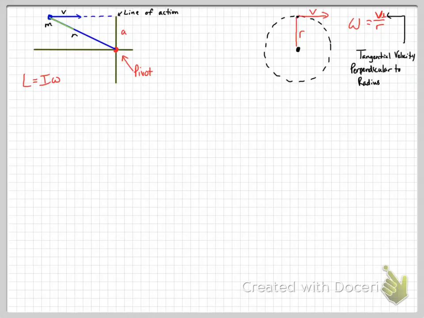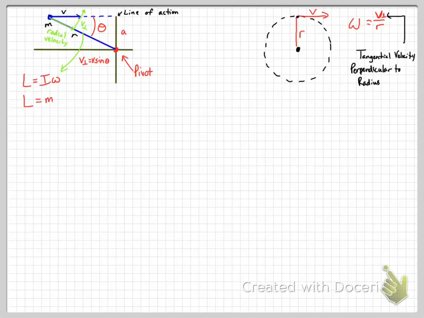So what we have is a velocity component that is parallel to our radius, and we call that our radial velocity. The other part of our velocity is perpendicular, and that perpendicular velocity is what we are going to use for our omega. Using some simple trigonometry and the angle theta here, our v perpendicular will equal v sine theta.